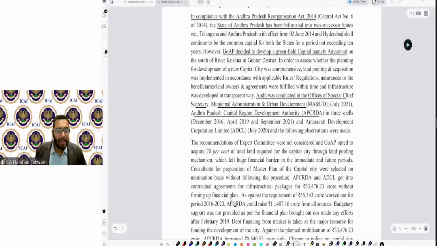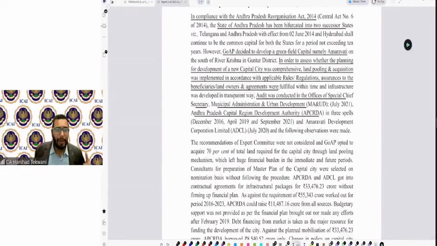Now, what is the applicable criteria in this scenario? The audit was done to assess whether the planning and development of the new capital city was comprehensive, whether land pooling and acquisition was implemented in accordance with the applicable rules and regulations, whether assurances and agreements to the beneficiary landowners were fulfilled within time, and whether infrastructure was developed in a transparent way.